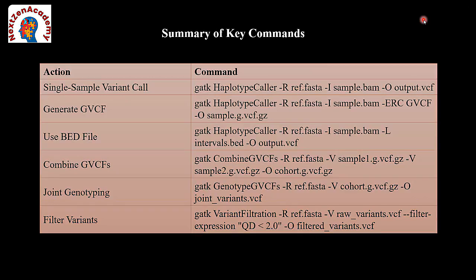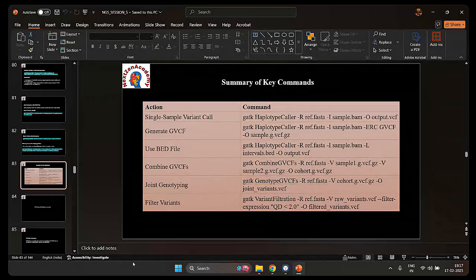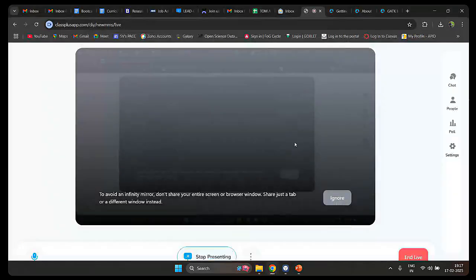So the first main step is we need to split the intervals. R is the reference genome. L is where we need to give the whole genome bed file. We need to call the variants at that time. This is not much needed in all cases.